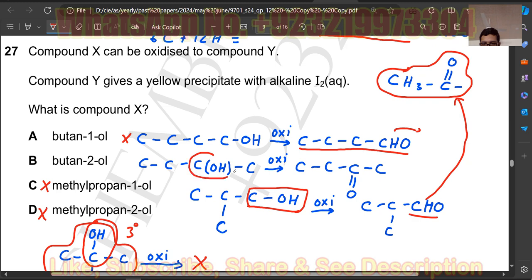This is a secondary alcohol. This secondary alcohol can be oxidized into the ketone. This is a ketone functional group present, and we can match this group. This whole group is the same as the one above to give the positive test for the iodine. These are the same, which means the B option is the right one.